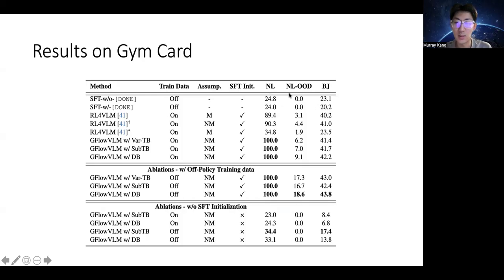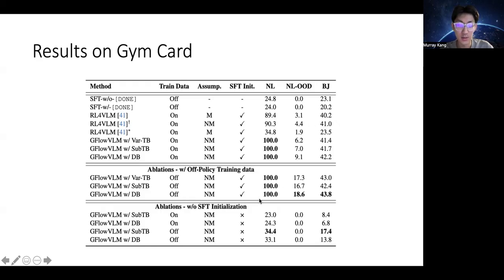And the OOD is the NumberLine OOD where we just changed the range of the card. The in-distribution is from 0 to 5, and OOD is 5 to 10. And for BlackJack, we also achieve better performance than the PPO.